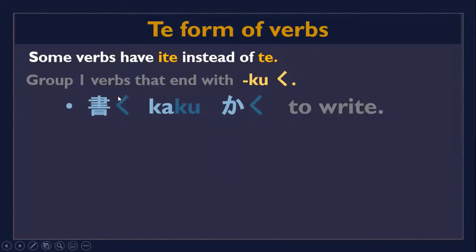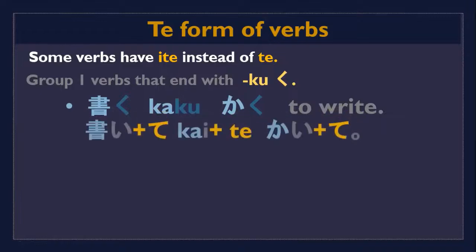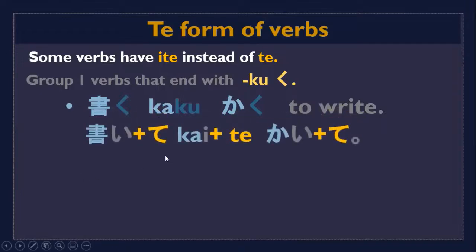Okay, this is the kanji for to write. And kaku will become kaite. So we, instead of ku, we write ka and then i and then te. Kaite. It is not kakite or kate. It is kaite.